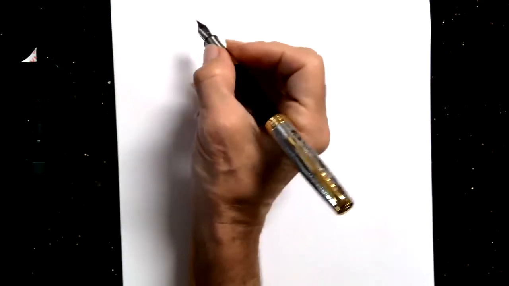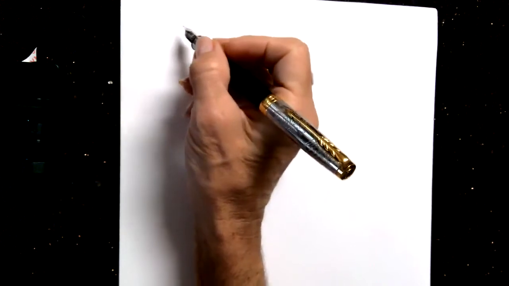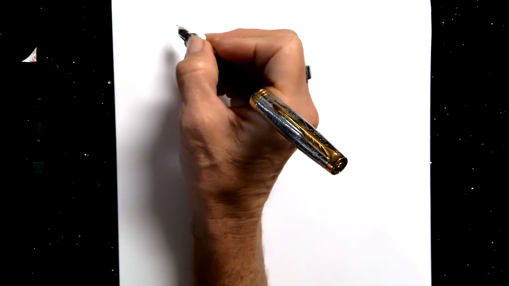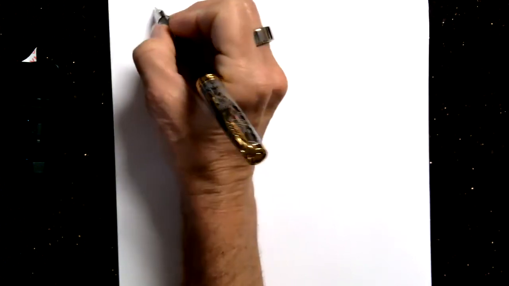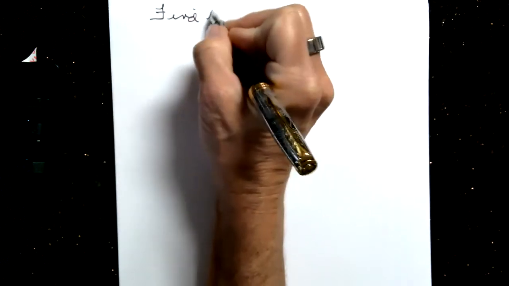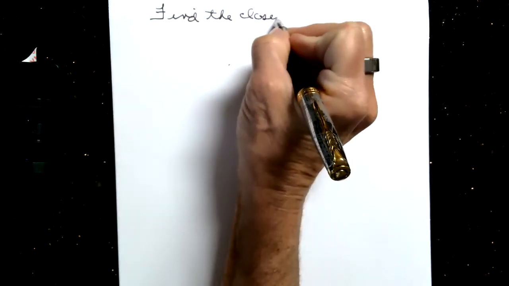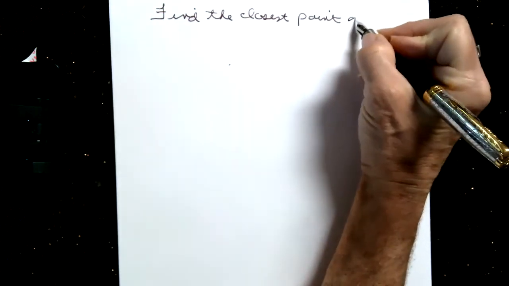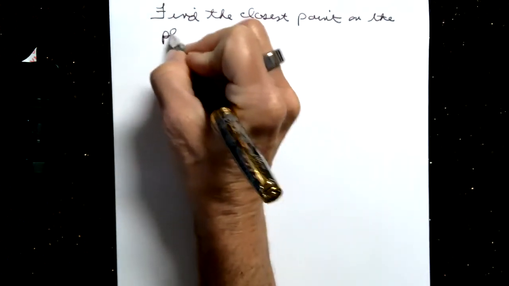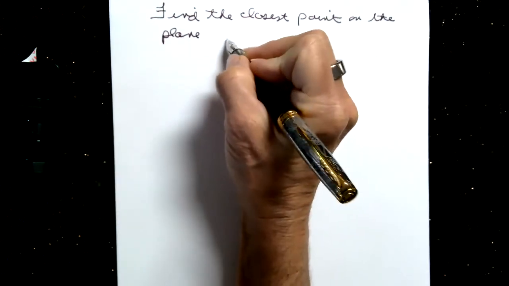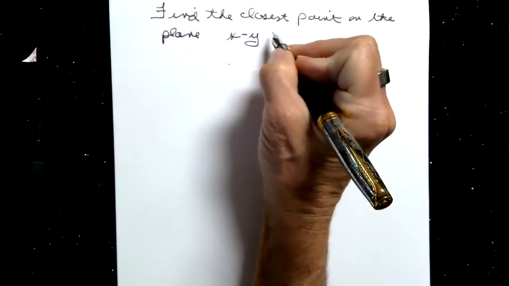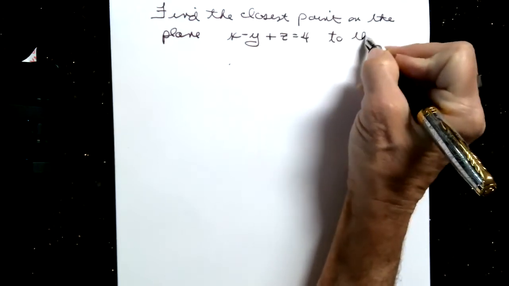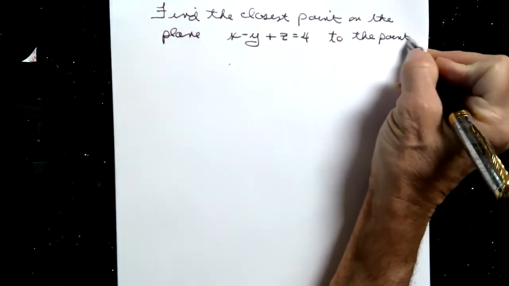Hi, everybody. Okay, let's look at one more example of finding an extreme point in an interesting case where you are asked to find the closest point on the plane x minus y plus z equals 4 to the point 1, 2, 3.